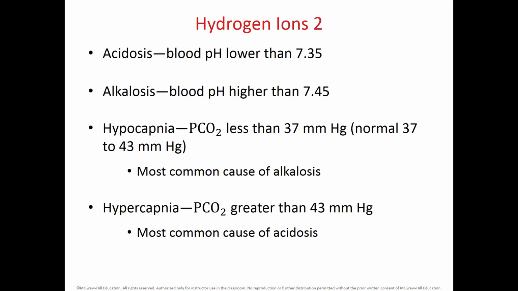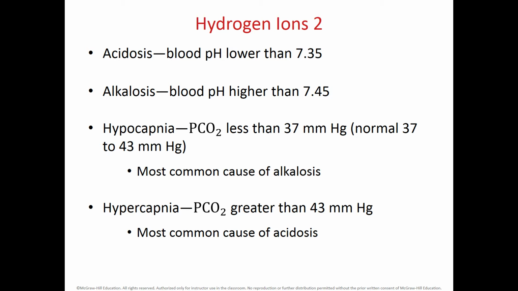So whenever we have acidosis, which means having a pH level lower than 7.35, we will have hypercapnia, or high levels of CO2, which is greater than 43 millimeters of mercury. This will increase our respiratory rate. So we are accumulating CO2, so we will have to hyperventilate so we can get rid of this CO2.